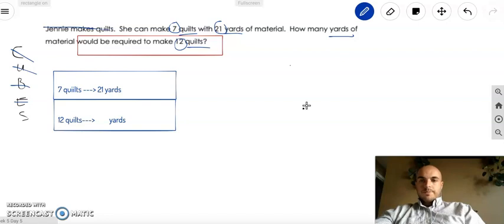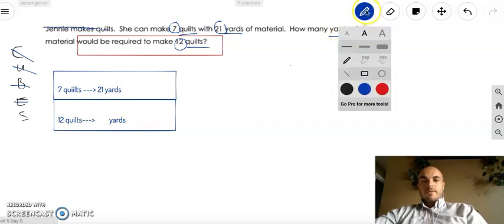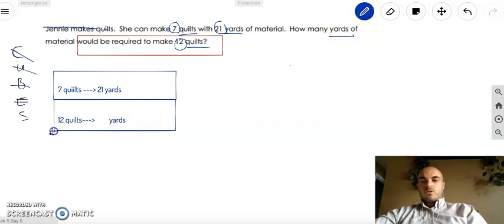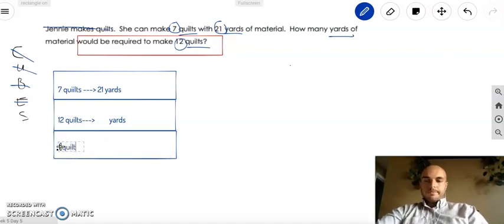So here's what we're going to do. We're going to first need to solve how many yards one quilt is. How are we going to do that? Well, let's look at 7 to 21. If you guys remember your factors, 7 is actually one of the factors for 21.